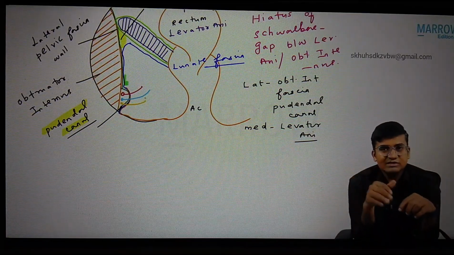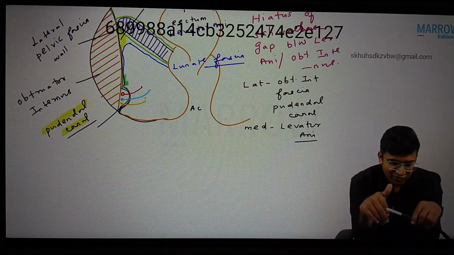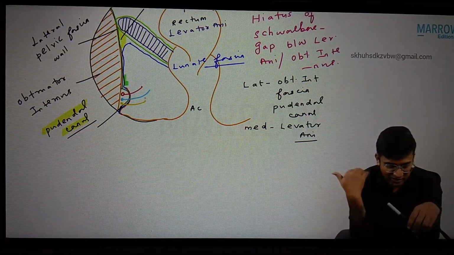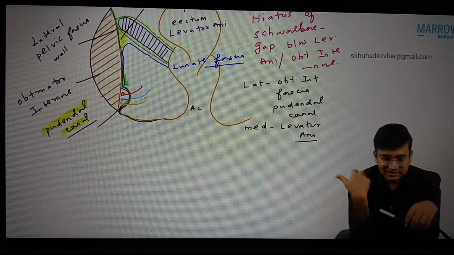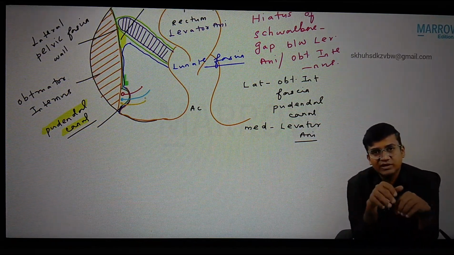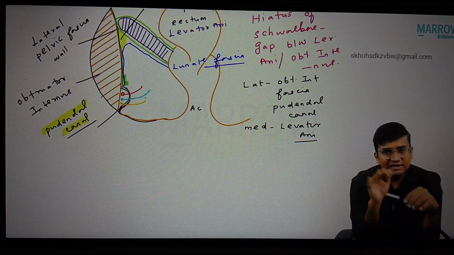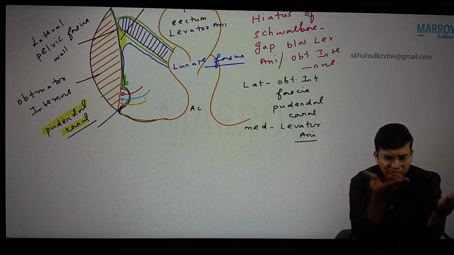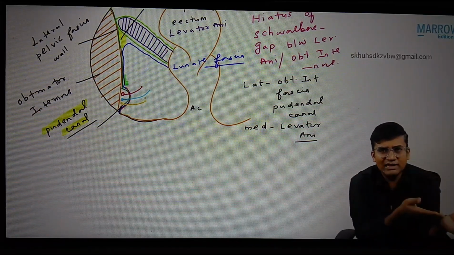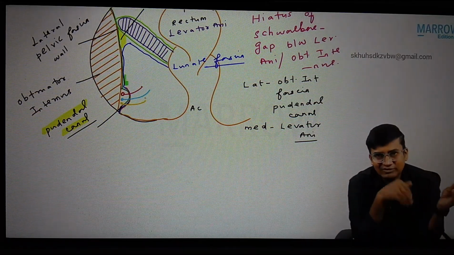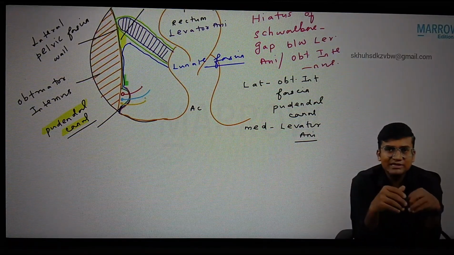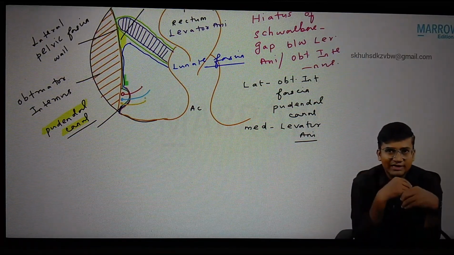Now we know the lateral and medial boundaries of the ischial fossa. Next, we're going to discuss the contents of this fossa. Already we know three contents, the pudendal canal contents. They leave the pudendal canal and come to the ischiorectal fossa.